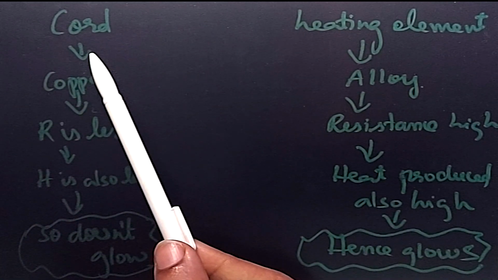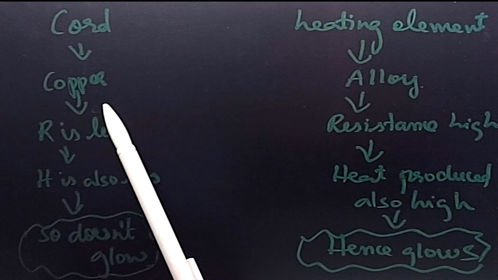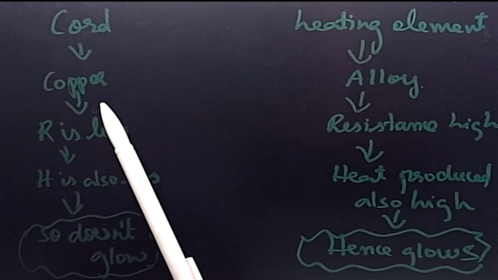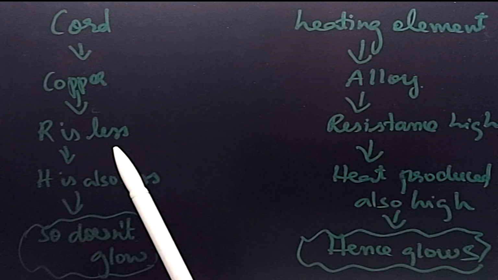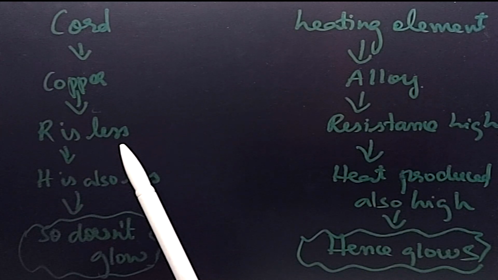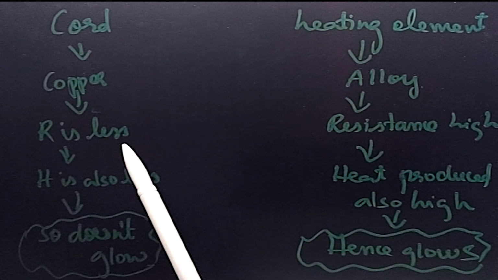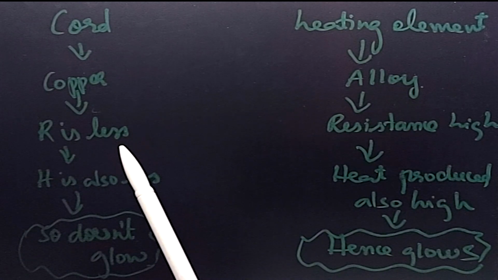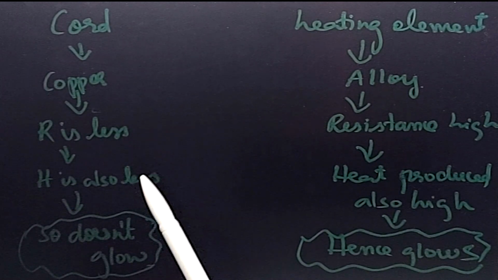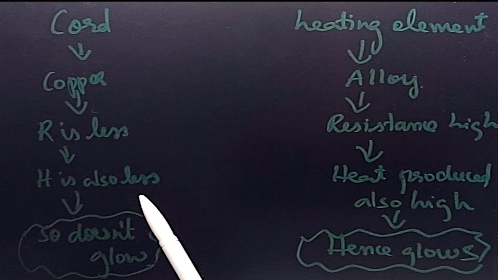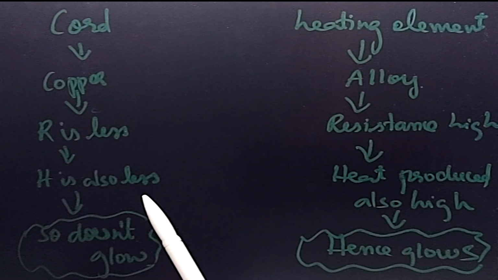The cord of the electric heater is made up of copper. As we all know, the resistance of copper is very less. It is a very good conductor, hence the resistance is less. As a result, on passing current through copper, nothing but the cord, the heat generated also will be less.